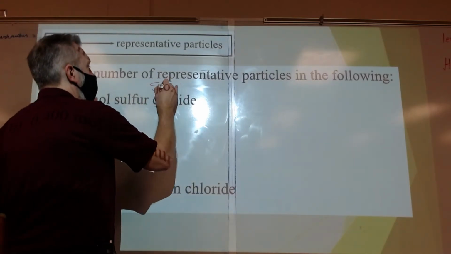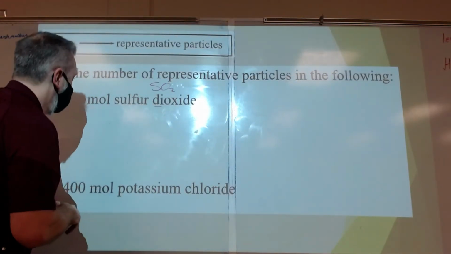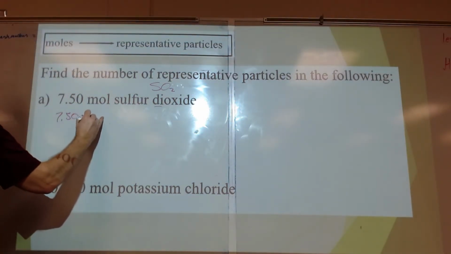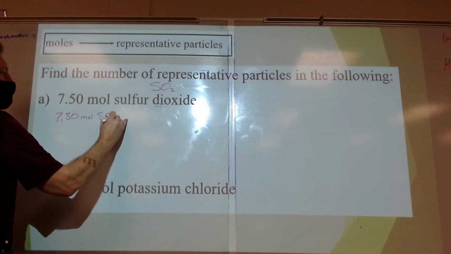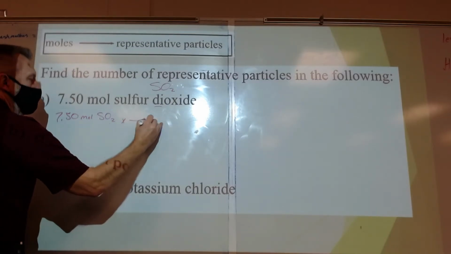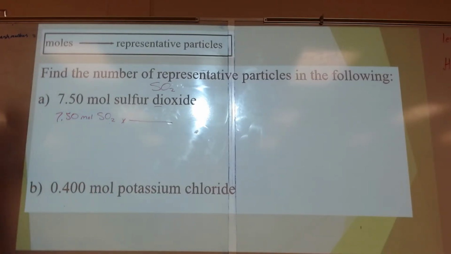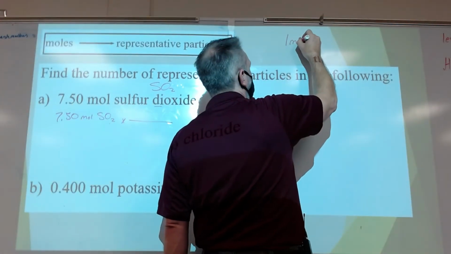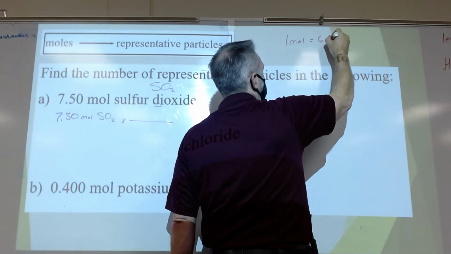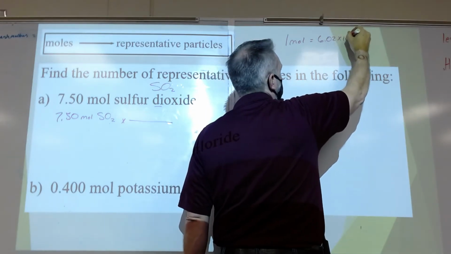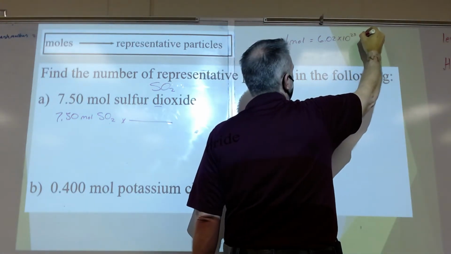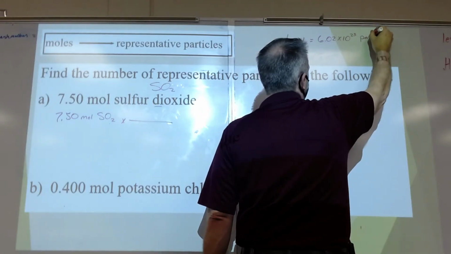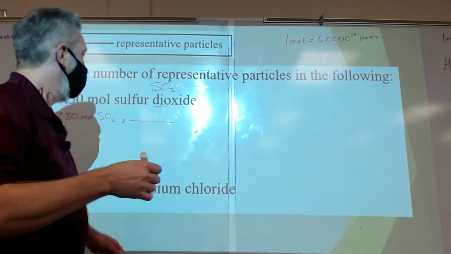SO2. So here's what I want to say. 7.50 moles of SO2. Okay? Let's go to my equality. My equality says that 1 mole. What kind of compound is this?